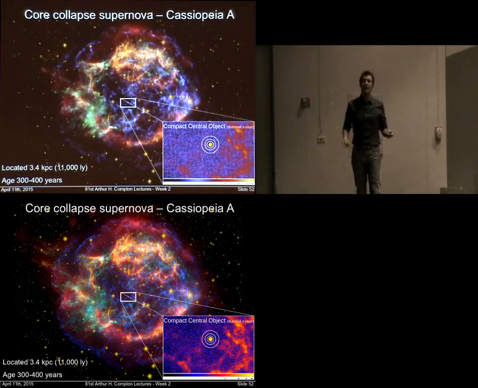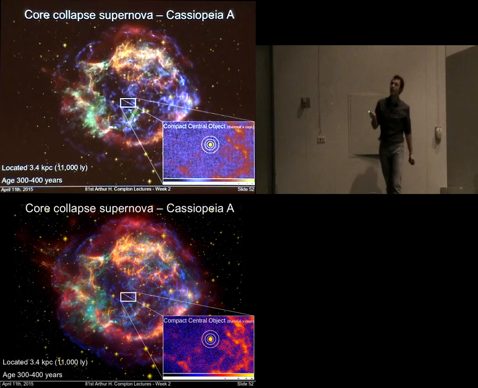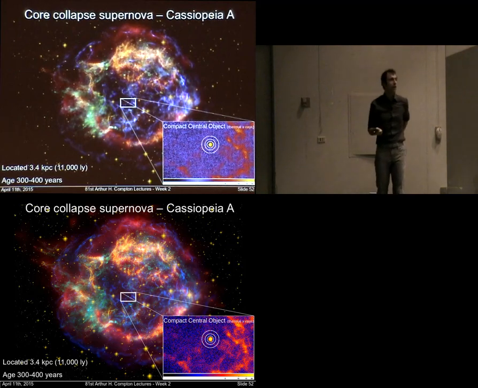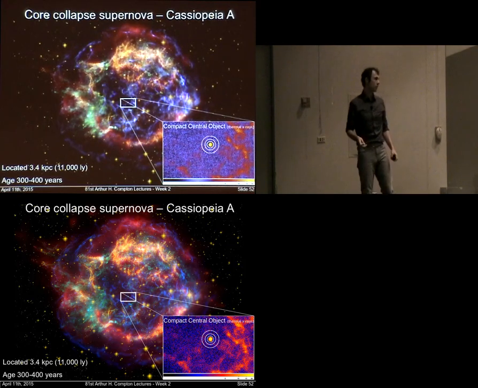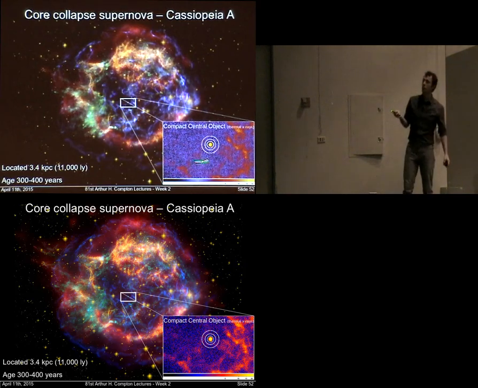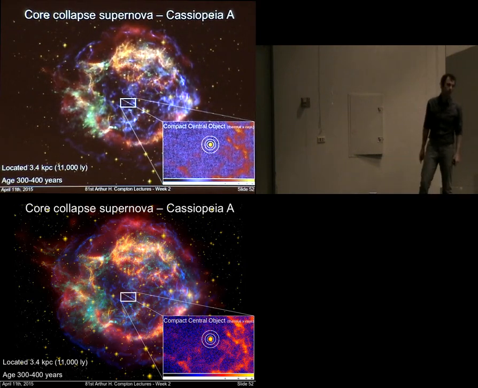But also, in a case like Cassiopeia A, which is only about 300 years old, the neutron star itself is still hot enough that it emits thermal radiation. So this is a relatively young neutron star, and if you have the right kind of X-ray telescope and you can point it at it, you can see thermal X-rays.